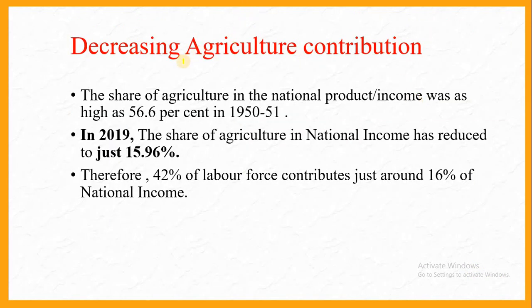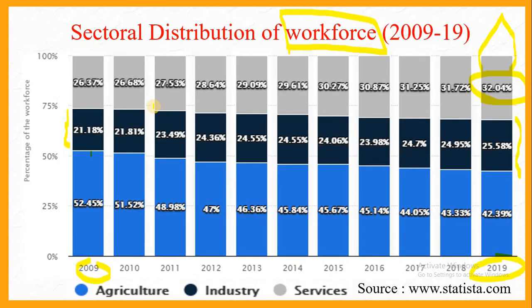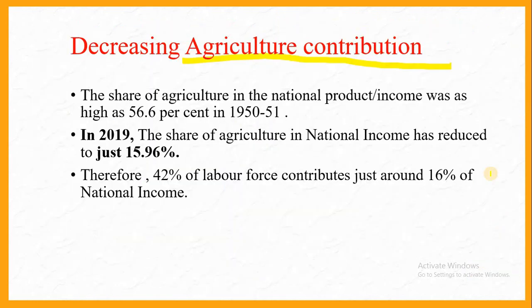So not only that, the number of people, though it is reducing, but still it is very high, isn't it? Nearly 42%. Take a look at the statistics. Nearly 42% are still engaged in agriculture. But how much do they contribute to national income? It is very, very less.